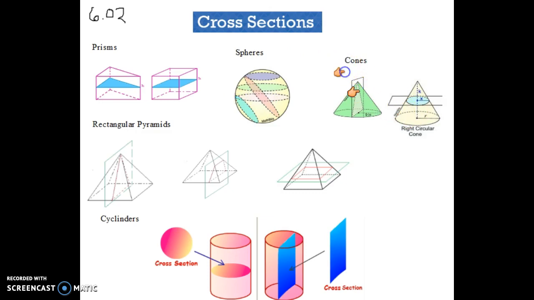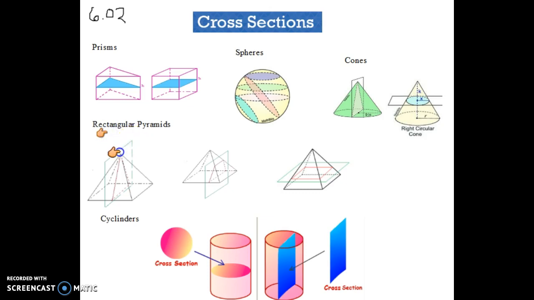If I've got a cone and I slice it through the center, through the vertex, notice this shape outlined is a triangle. If I slice a cone horizontally, I'm going to get this blue circle here. A rectangular pyramid, I could get various different shapes.